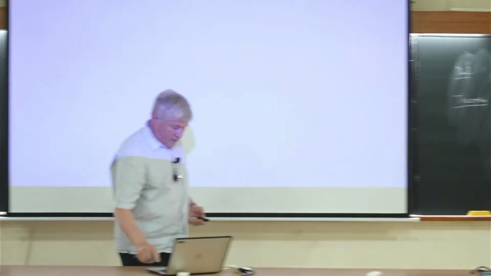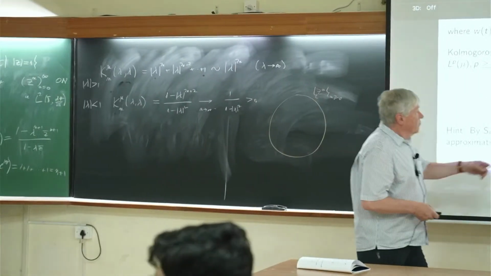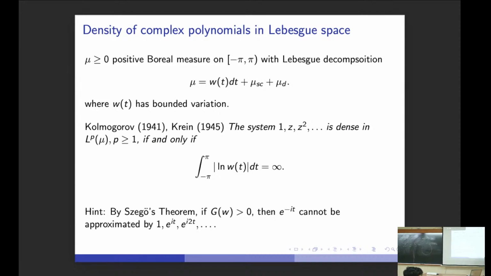And in fact, if you don't take the modulus there, you have minus infinity. No, the theorem statement is okay. The condition that W should have bounded variation. Why do you need it?